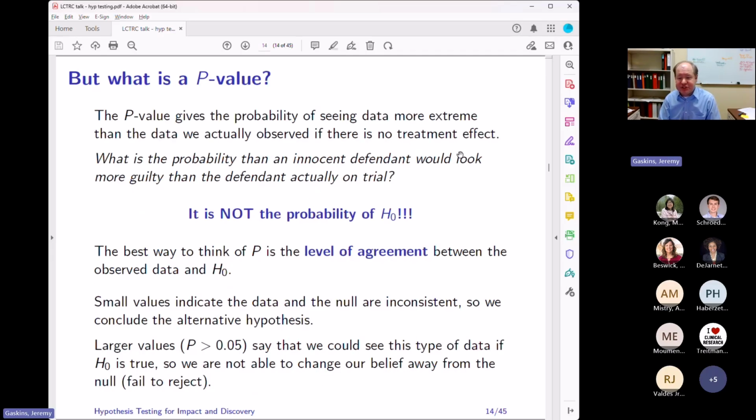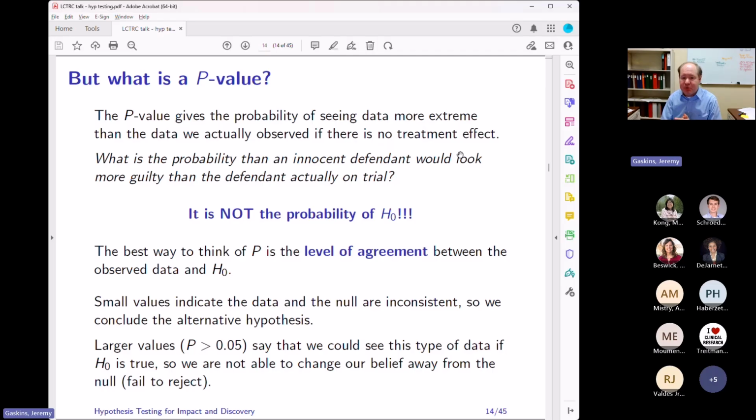So, we should also talk about what a p-value is not. The p-value formally gives the probability of seeing data more extreme than the data we actually observed if there is no treatment effect. And so, in the case of this analogy, what is the probability that an innocent defendant would look even more guilty than the defendant we actually observed on trial?